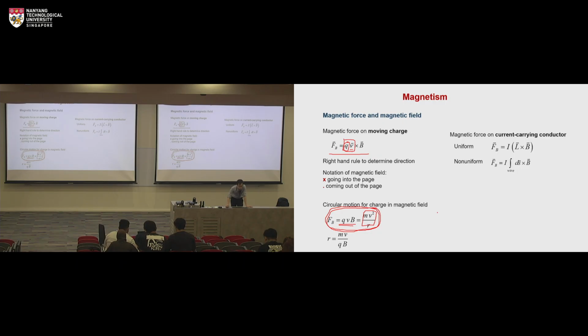So in this particular case, the magnetic force is serving as the centripetal force. That is why you have this defining formula. And from here, of course, you can derive some general features of the circular motion: the radius, the period, or angular frequency, or this kind of parameter.